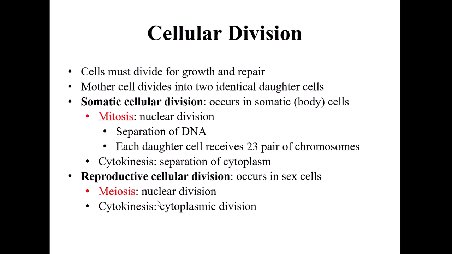And here, each cell is going to have only half the genetic complement, right? They don't want to have the full 23 pair. It's only going to have half. The cytoplasm of the sperm and the egg cell also need to divide. That is known as cytokinesis. Okay, so like I said, we're going to focus on somatic cellular division.